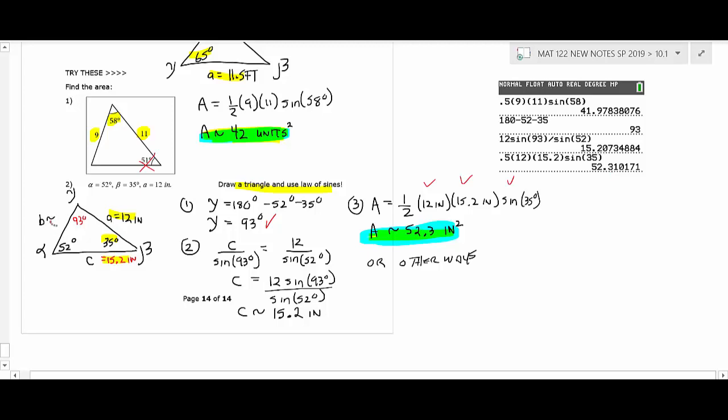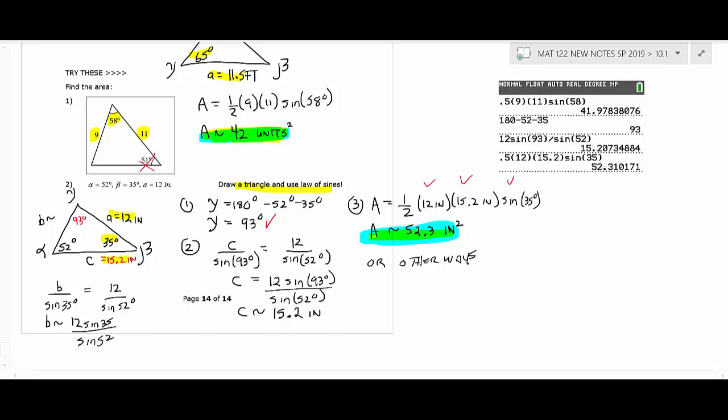Now you could have found B also. If you wanted to find B, then you could have said B over sine 35 equals 12 over sine 52. If you did it that way, you would just have 12 sine 35 over sine 52.